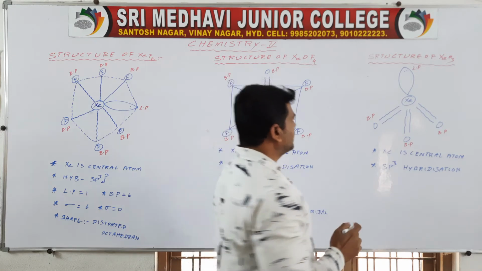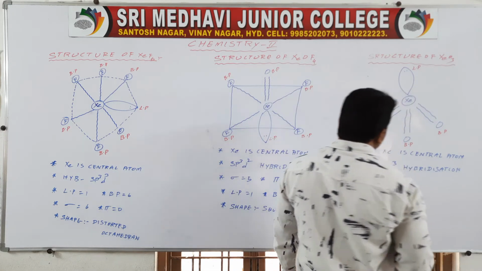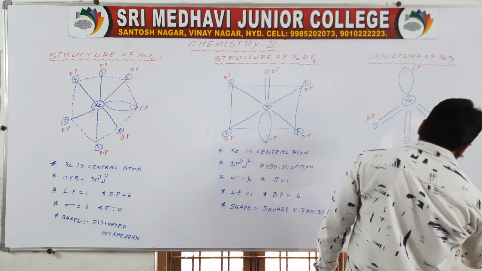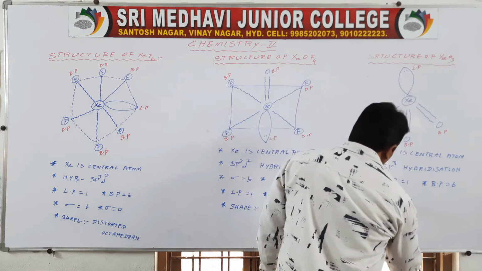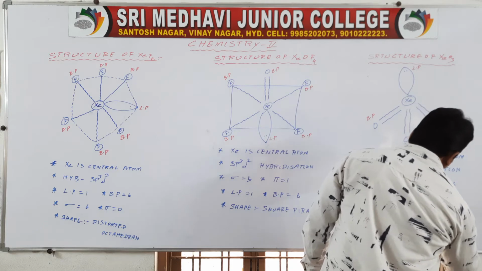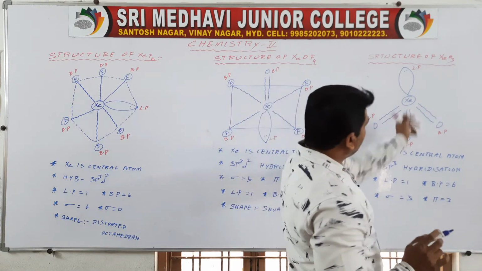So how many lone pairs? Lone pairs is equal to 1. Bond pairs equal to 6. Okay. Next you have to know sigma bonds equal to 3, pi bonds equal to 3. Sigma 3, pi 3.